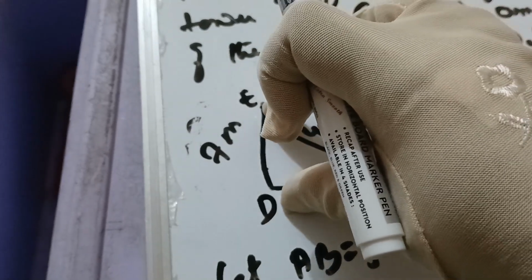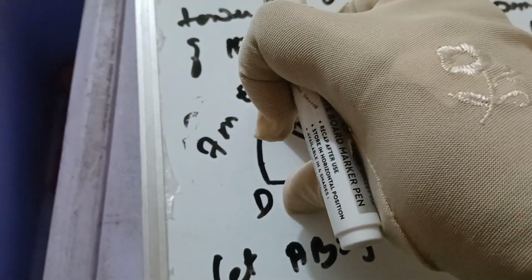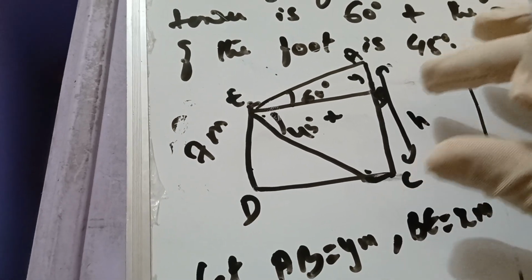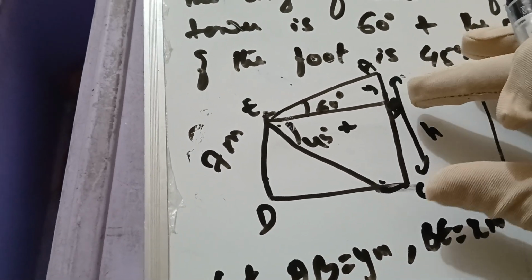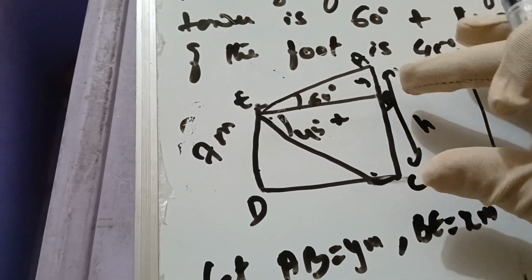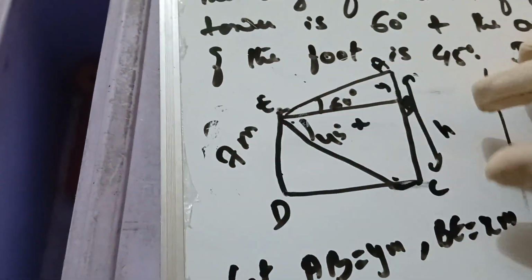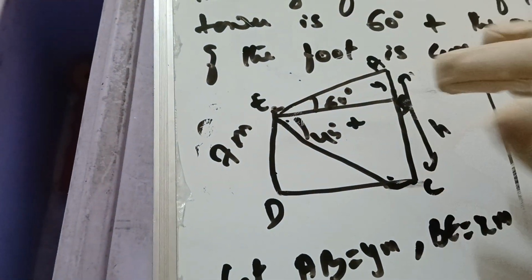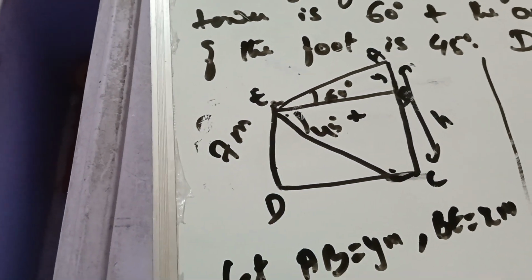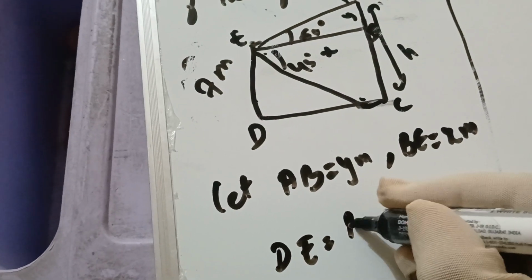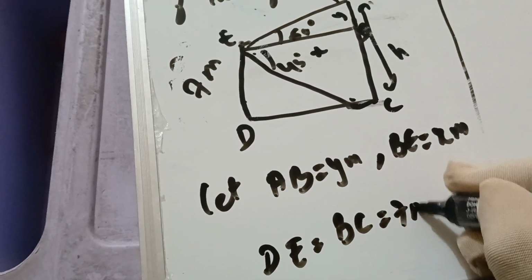The height of the building, DE, this much, 7 meters, is parallel to the tower BC and of equal size. BC is equal to DE, which is equal to 7 meters.